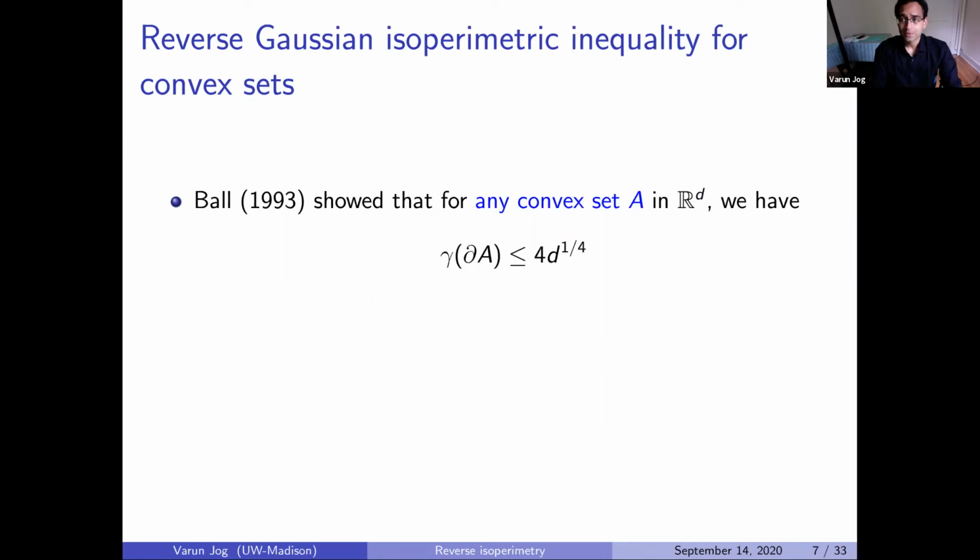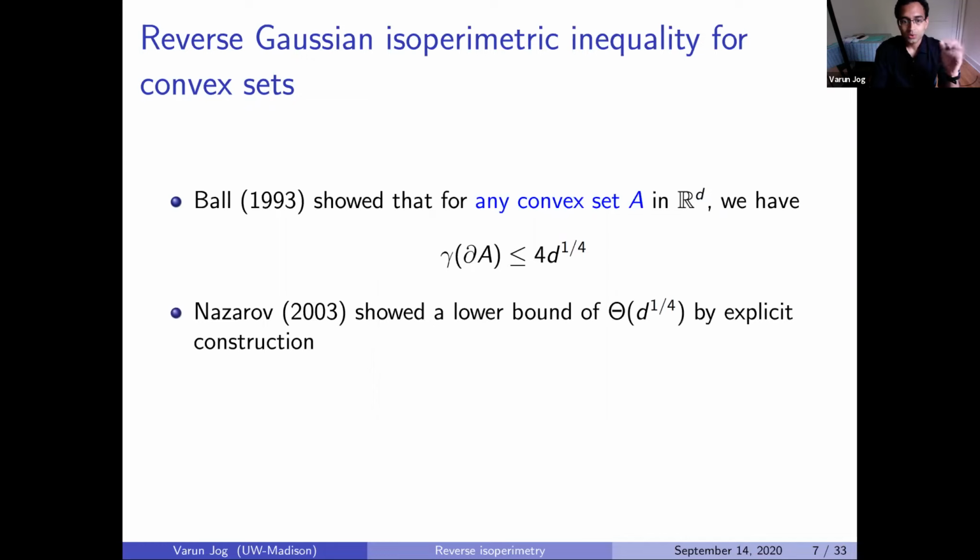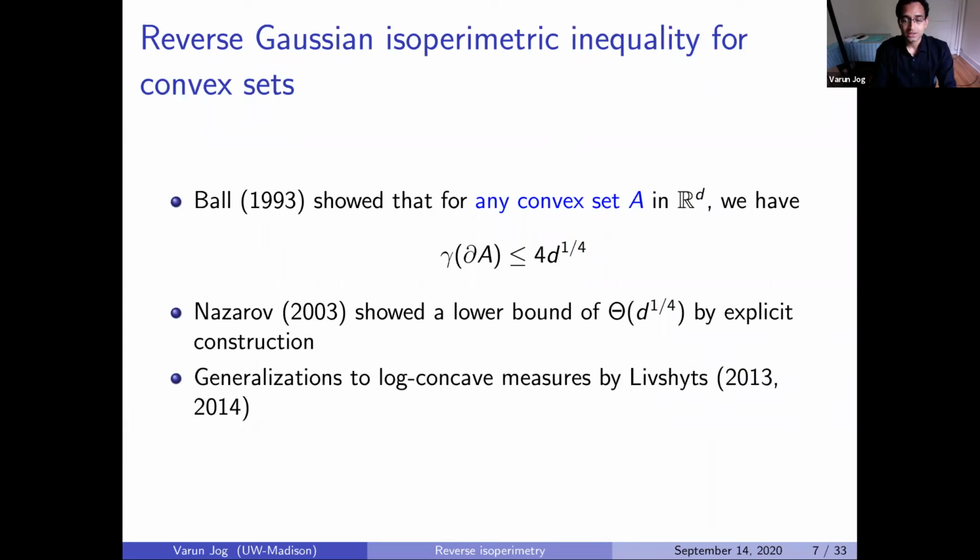This is true for all convex sets A. The bound was shown to be essentially tight by an explicit construction. So you can construct convex bodies that have a Gaussian surface area of some constant times d to the 1/4 as well. And these results were generalized to certain kinds of log-concave measures by Lifshitz.